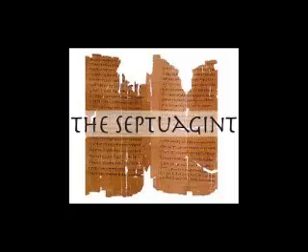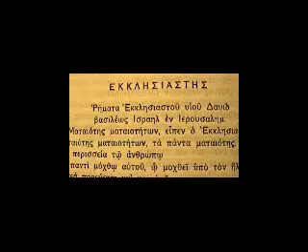Of these, the earliest is the Old Testament in Greek, designed to meet the needs of Greek-speaking Jews in Egypt in the 3rd and 2nd centuries BCE. According to tradition, the Pentateuch was translated by 72 elders, 6 from each of the 12 tribes of Israel, so that the Greek version of the Tanakh came to be called the Septuagint, from the Latin Septuaginta, or 70.